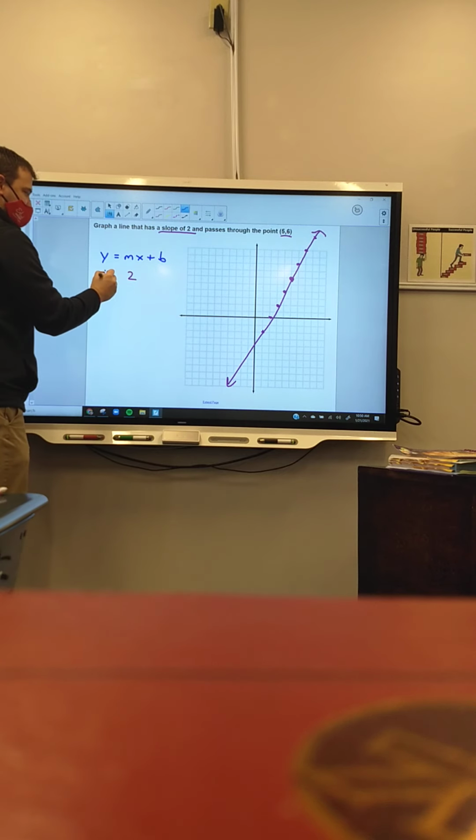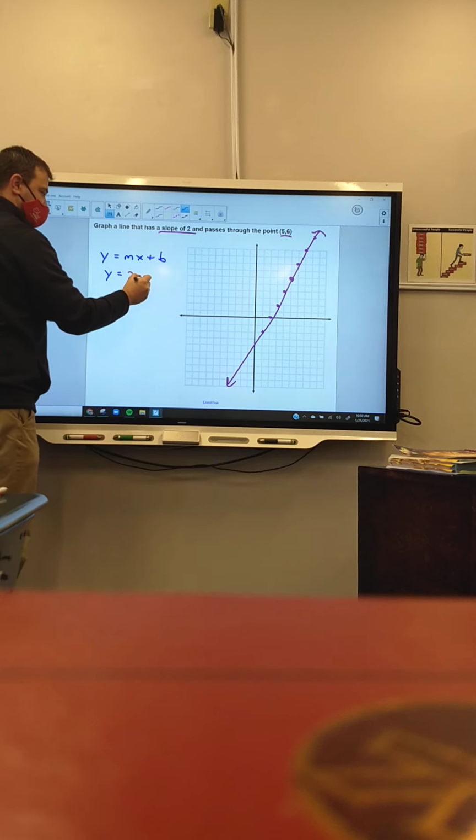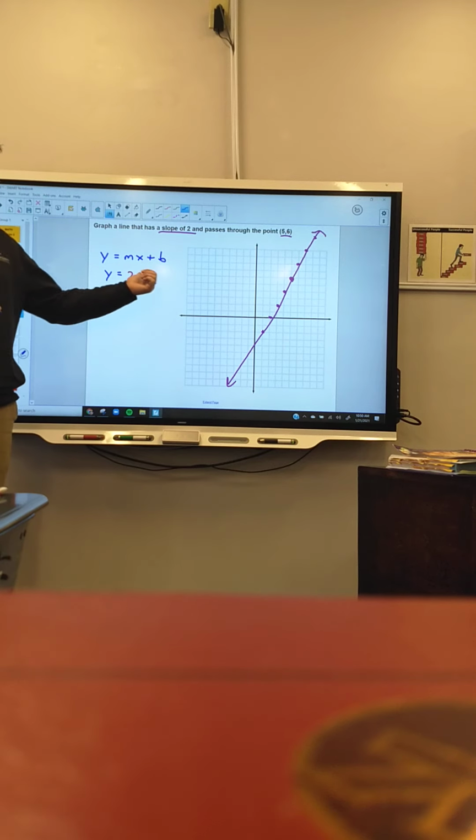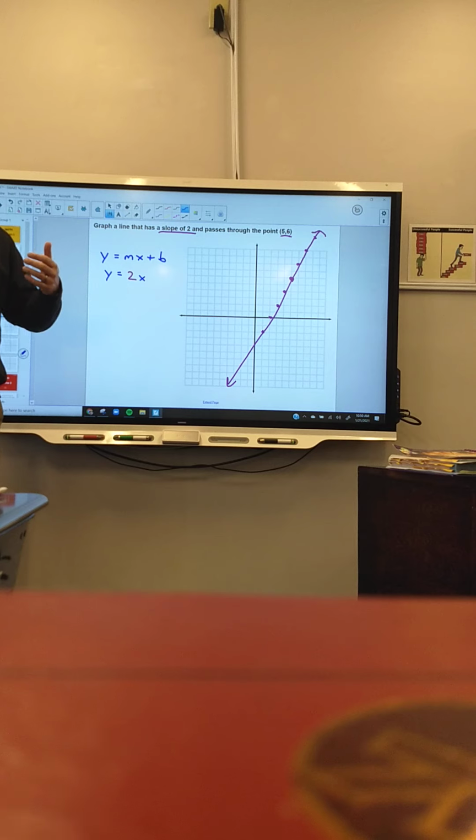And by the way, my y is going to be the same, my x is going to be the same. Why do I have to keep an x and a y? Why don't those change into like 3 or -4 or something like that? What does this line represent? Your equation of a line represents all the points.